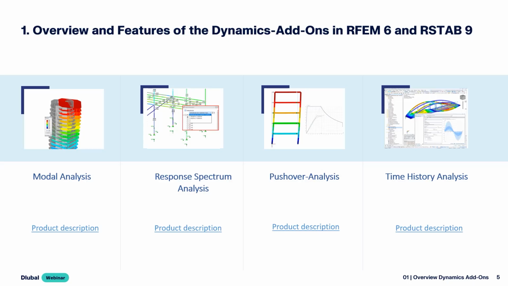Followed up, there's the response spectrum analysis add-on. Well, it just creates states of the system according to an eigenshape, and the states have internal forces and deformations, and we will get these results for each shape, and according to the standard they will be combined, for example with a 100% 30% rule, CQC rule, or SRSS rule.